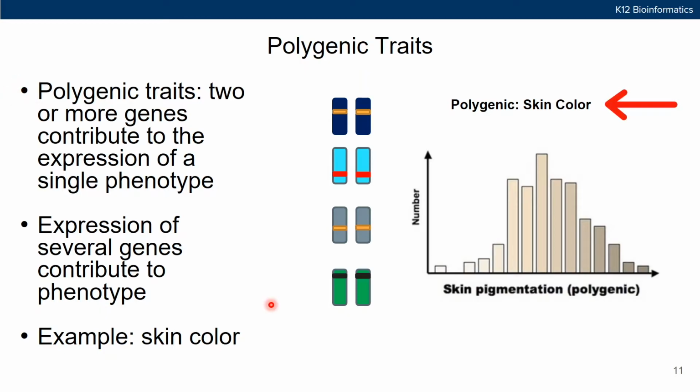Whereas before, in our cystic fibrosis example, we had one gene controlling whether or not we developed a disease like cystic fibrosis, now we have a number of genes, each contributing in a smaller way to the overall expression of the skin color phenotype. This is why we see such variation in skin pigmentation in the population.